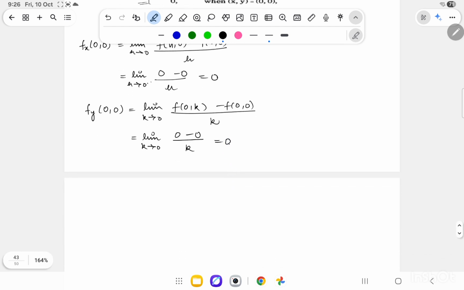So now let's find out f_yx at (0,0), which is basically the derivative of f_y at (0,0).